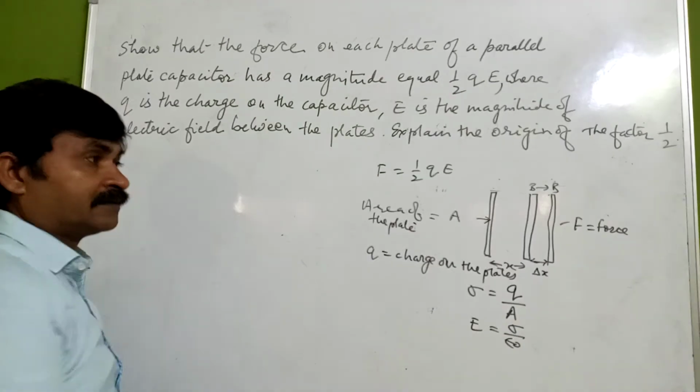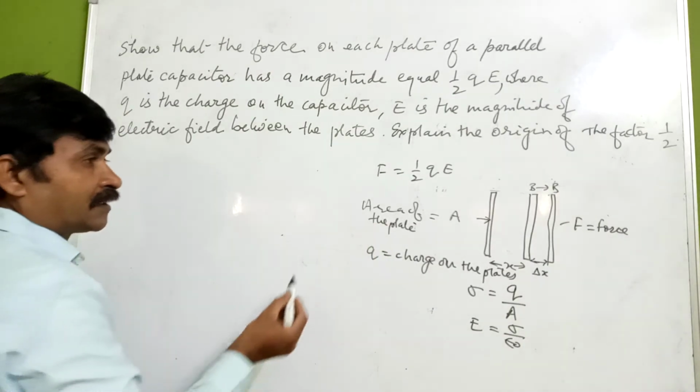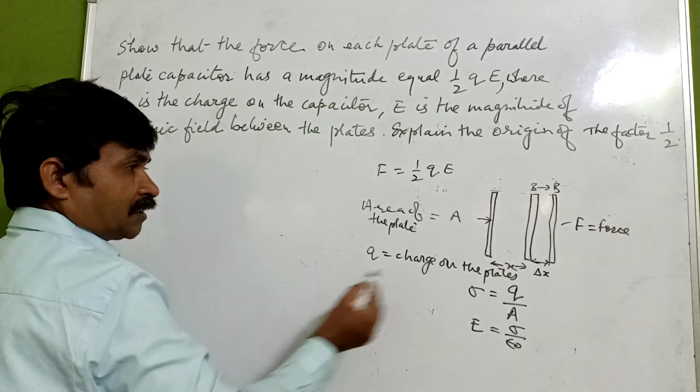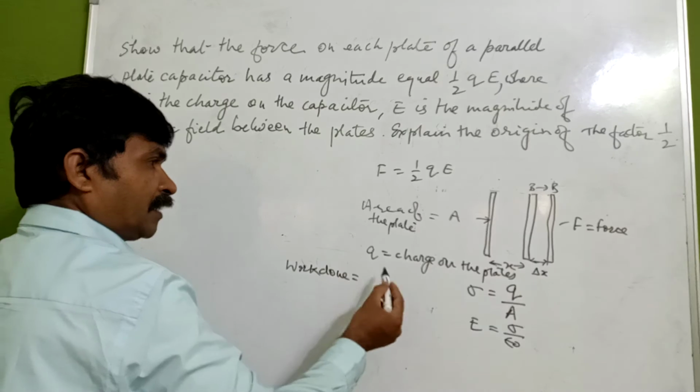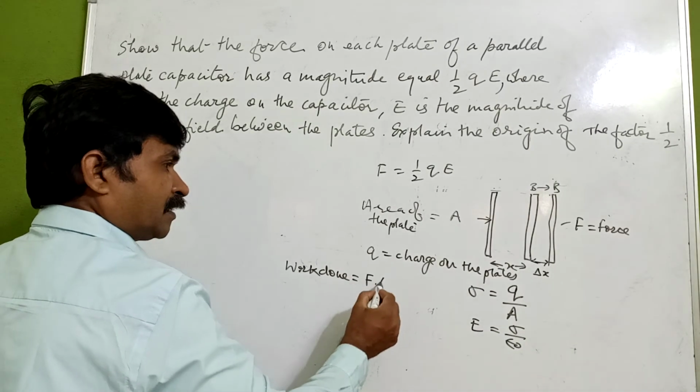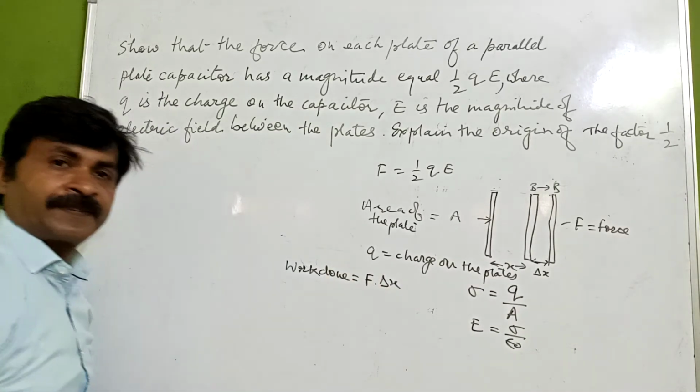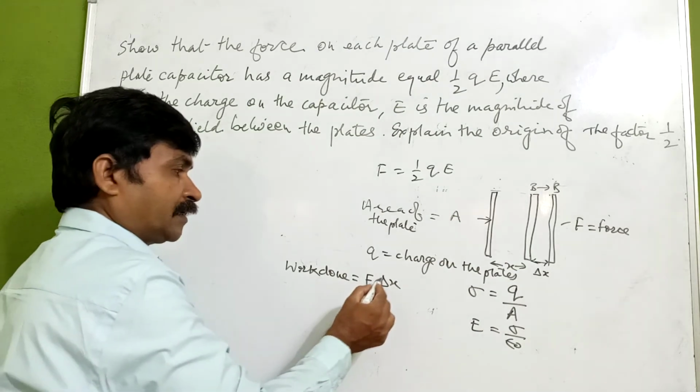So there will be energy and we have to work against that energy. So work done will be given by F into delta x. This is the work done.